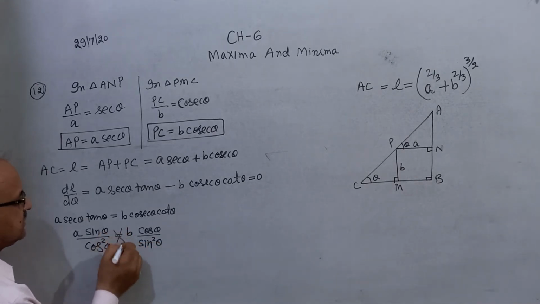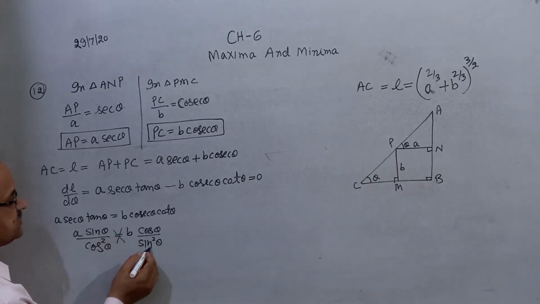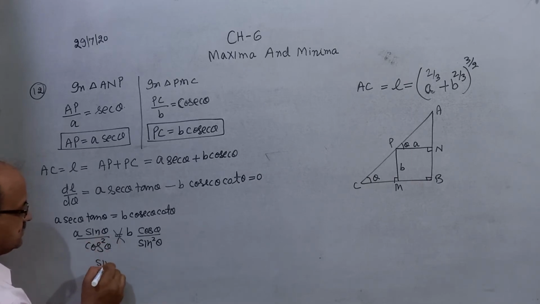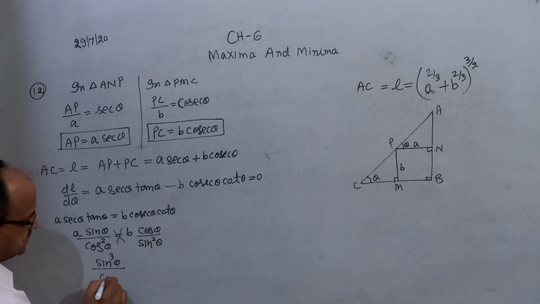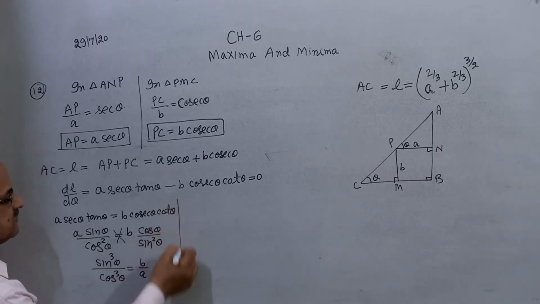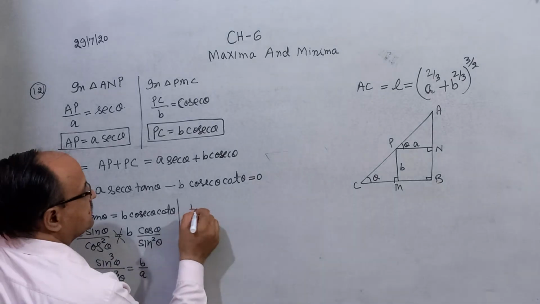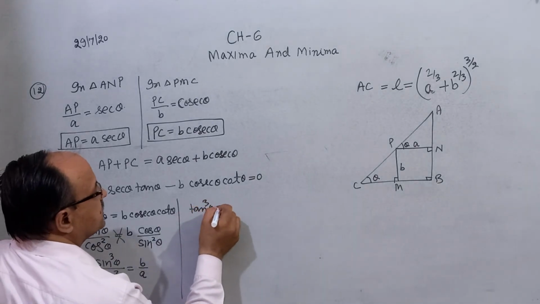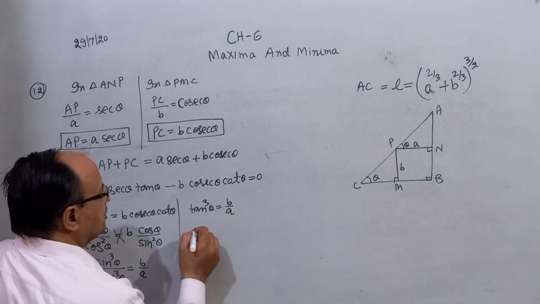Cross multiply: sine square theta into sine theta is sine cube theta, and cos into cos square theta is cos cube theta, equal to B by A. Sine by cos is tan, so tan cube theta is equal to B by A.